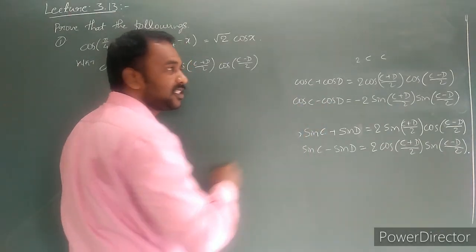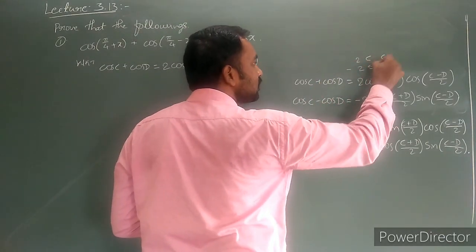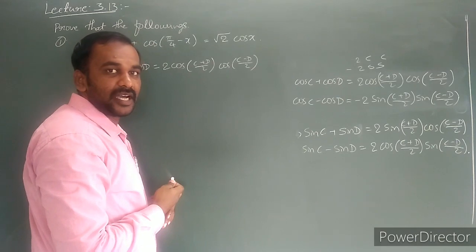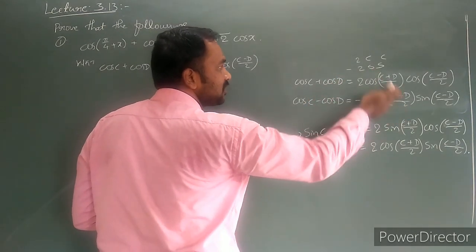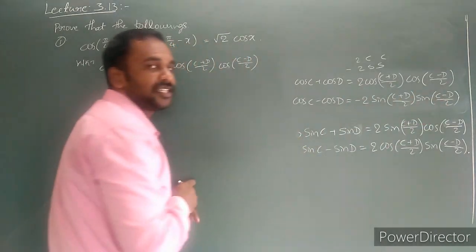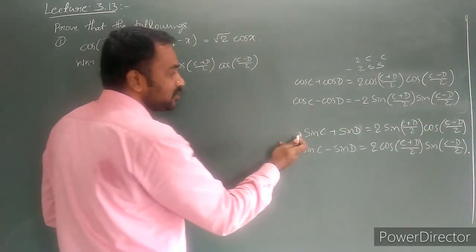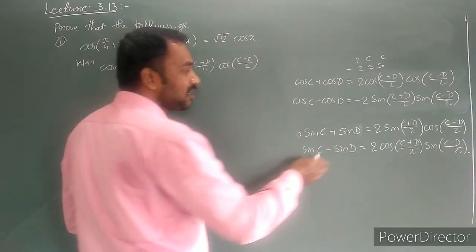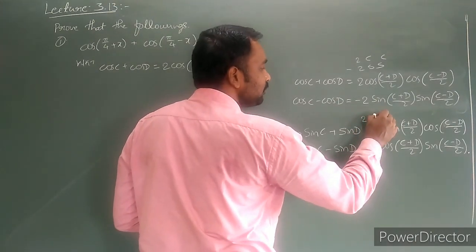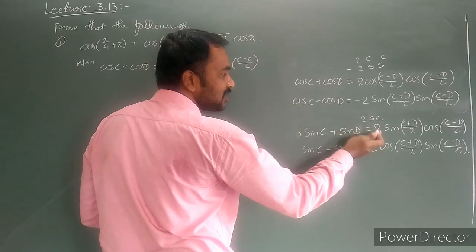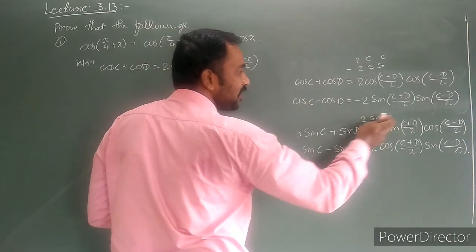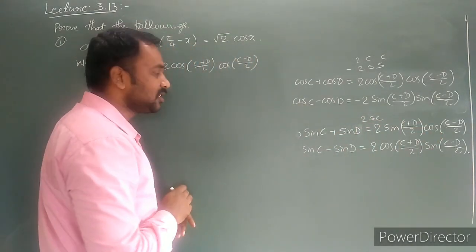Suppose cos C minus cos D: how can we remember it? Minus 2ss, that is, minus 2 into sin of (C plus D) by 2 into sin of (C minus D) by 2. For sin C plus sin D, you can remember 2sc: 2 sin of (C plus D) by 2 cos of (C minus D) by 2.